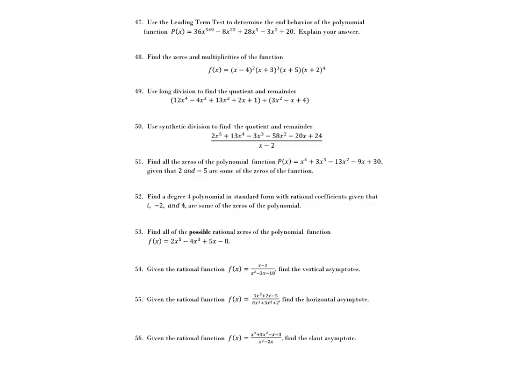Okay, use the leading term test to determine the end behavior of that polynomial. The first thing I want to note is if I look at this leading term, the highest power is odd, so the degree is odd, and the leading coefficient is positive.